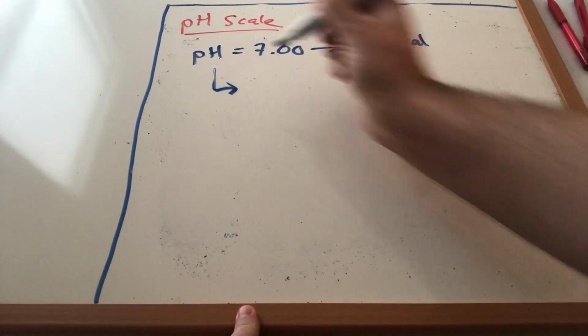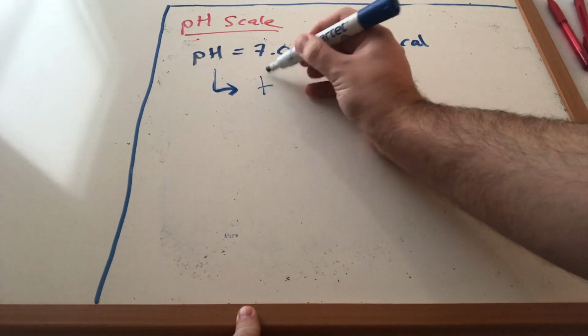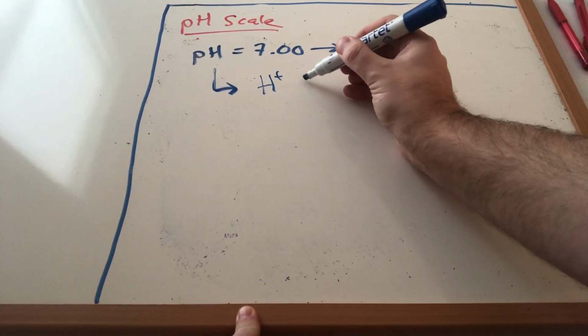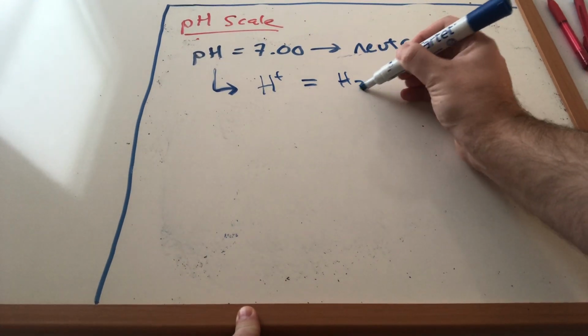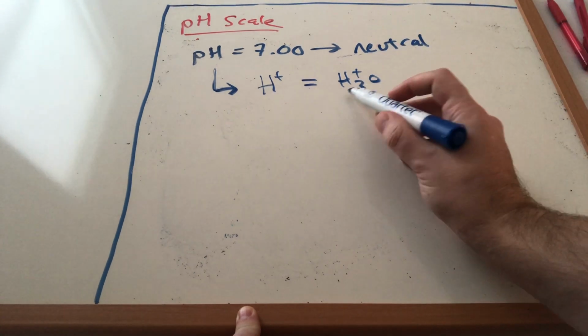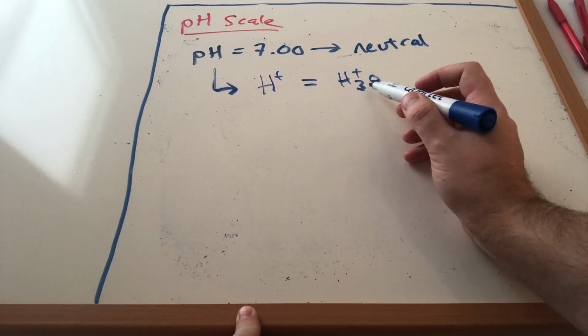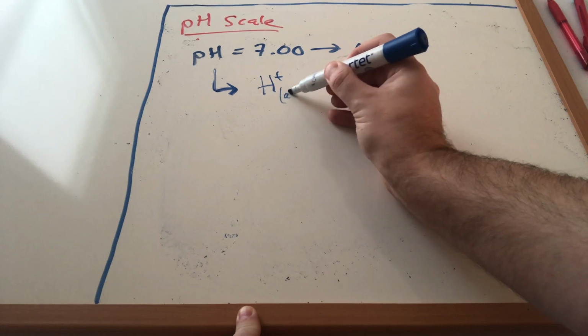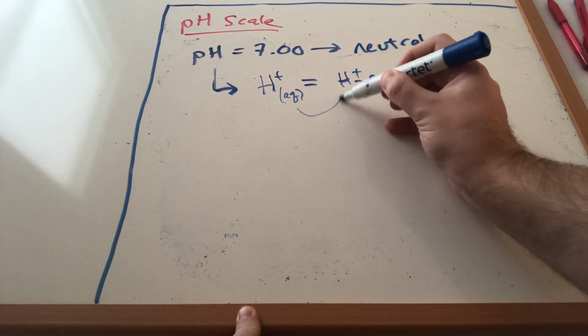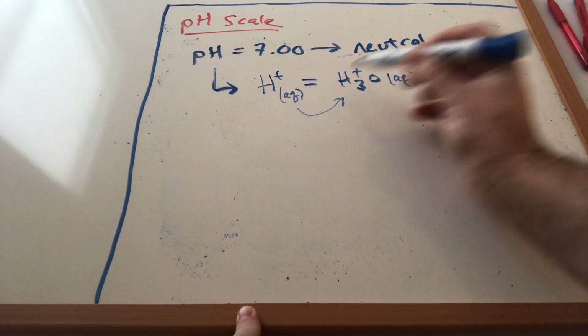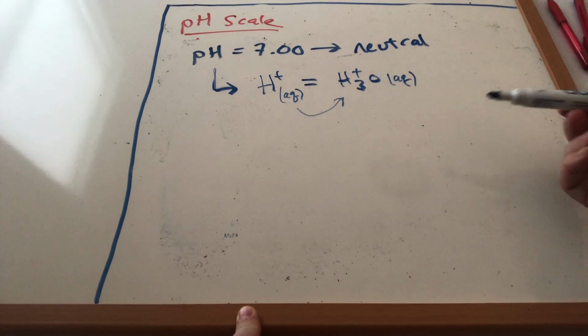Why is this pH instead of H3O plus? Chemists get lazy. Inside the actual reactions going on, there's hydronium, H3O plus. But they'll say H plus aqueous means H3O plus aqueous because the aqueous implies that there's water there.